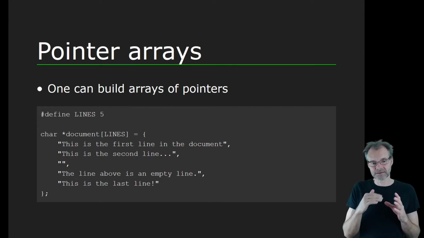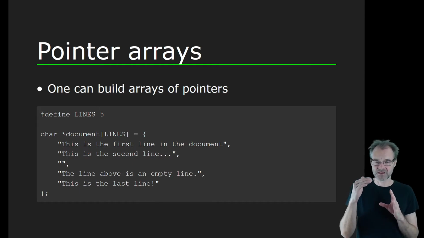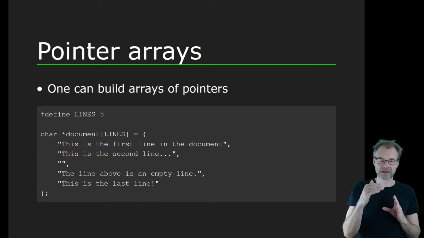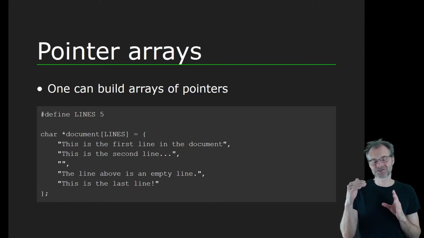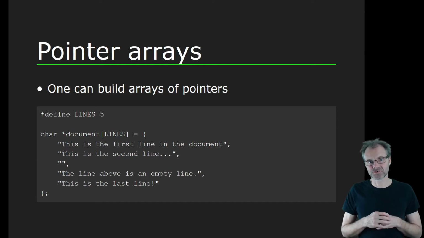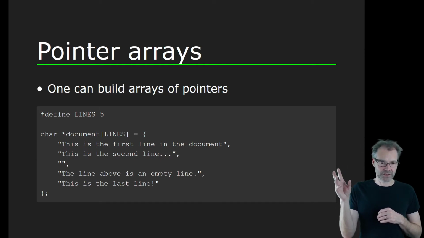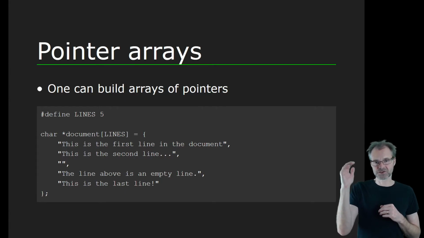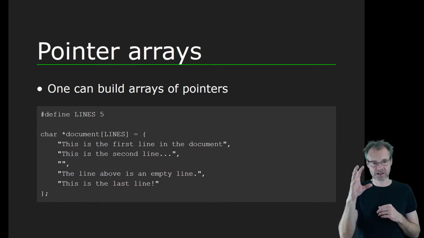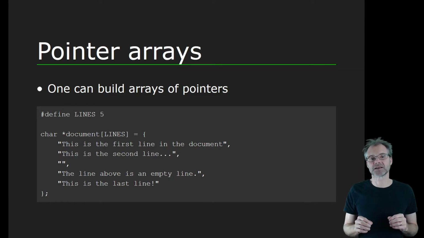So this array has the size of that many lines that my document can hold, and each line consists of a character array here. And here I'm also initializing this array right away with the curly braces, and then I have a comma separated list of the different arrays here, so they will get positions 0, 1, 2, 3, 4, and it's going to be 5 lines then. Okay, good.